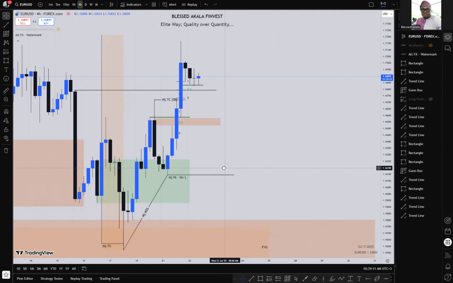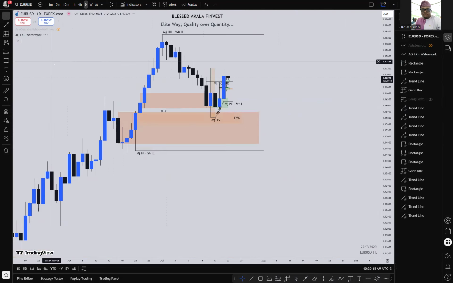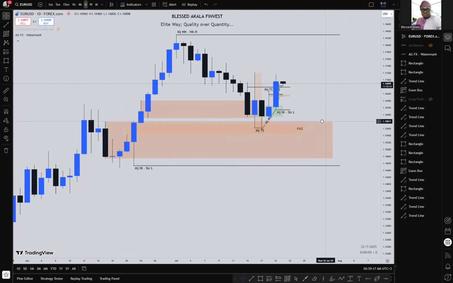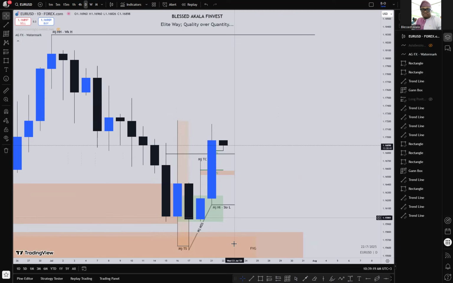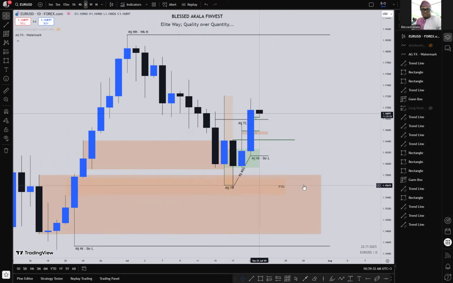So we have several levels within this leg that we can take, and moving to daily, we can see some levels. We have this perfect order block that lies on the spot.